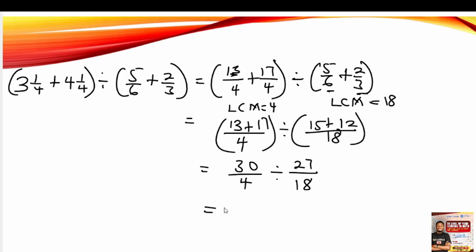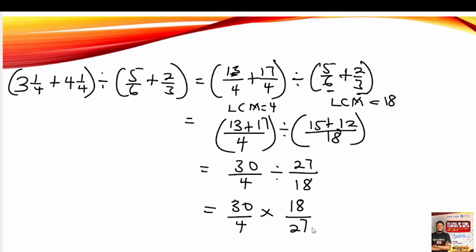So the next thing to do here is to reciprocate the second fraction, and when that happens, the division sign changes to multiplication. Because we are dealing with the division sign, we have to change the division sign to a multiplication sign, and we reciprocate the second fraction. So we have 30 on 4 times 18 on 27.